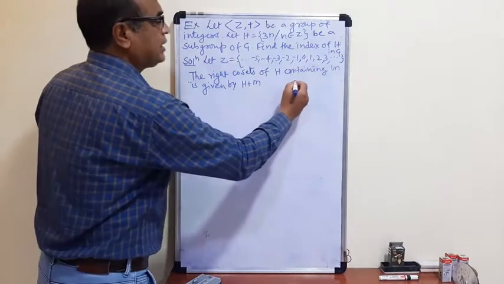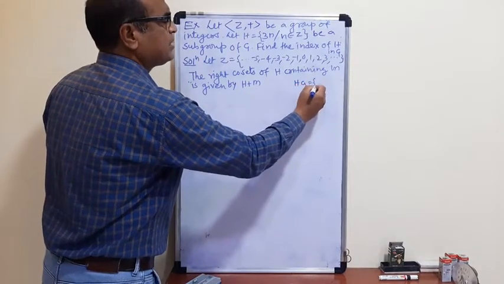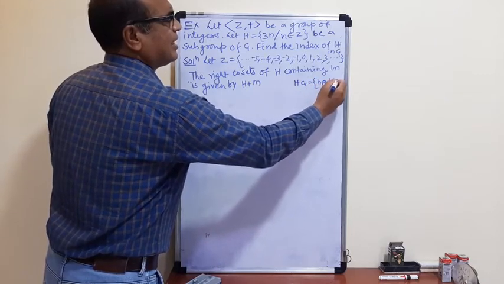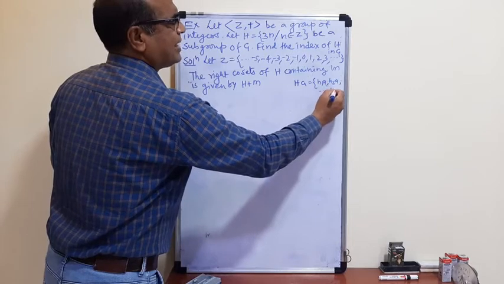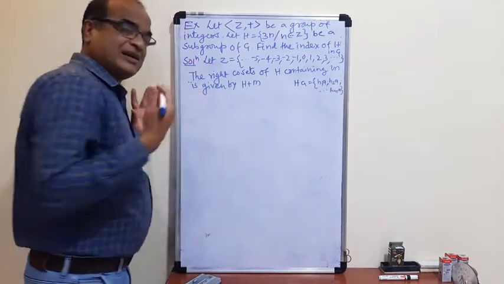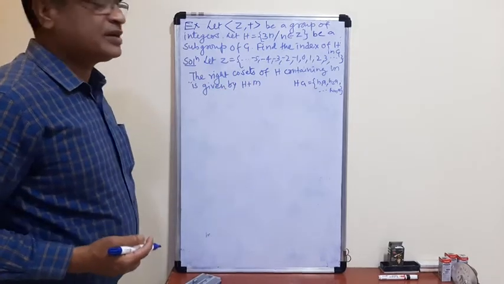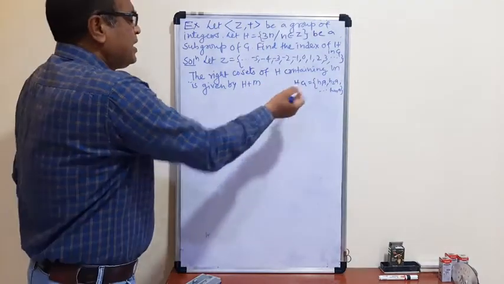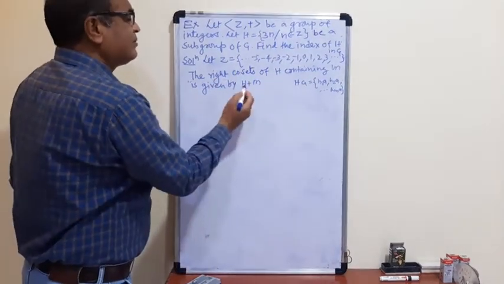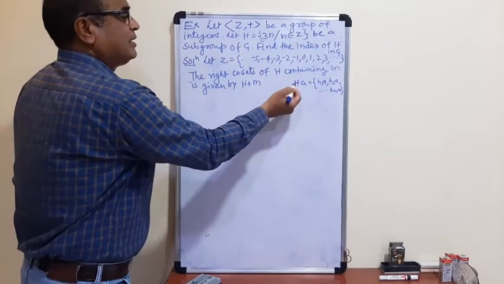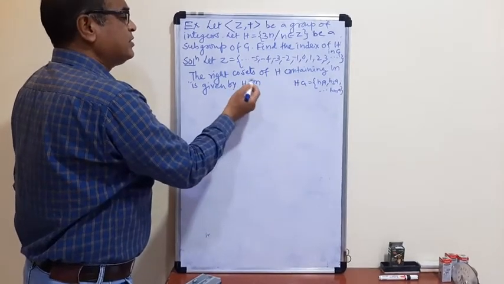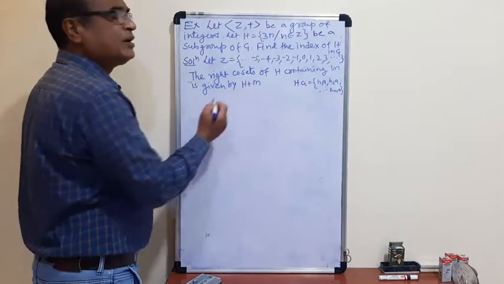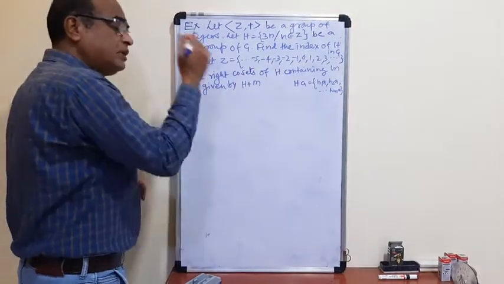Generally HA is H1A, H2A, and so on, HMA, where there are M elements. In between there is a star operation, multiplication, or we don't know. Here we write H plus A. In this case there is a plus binary operation, so this is the right coset: adding M on the right to H.